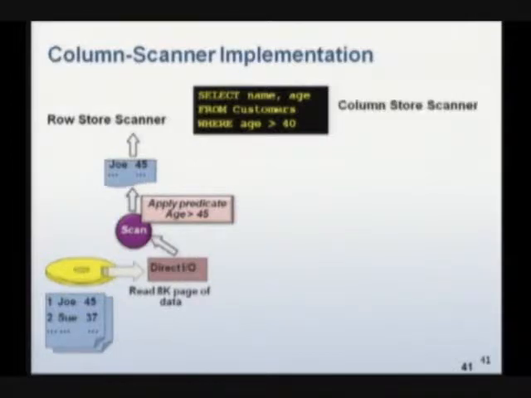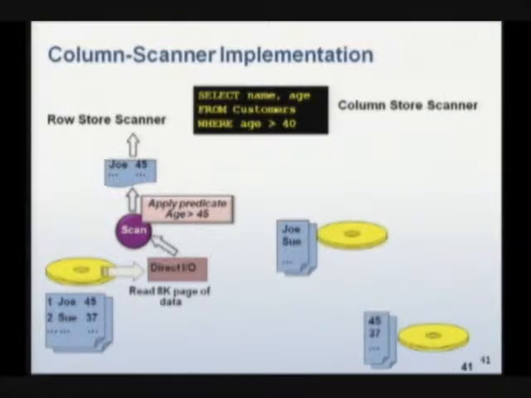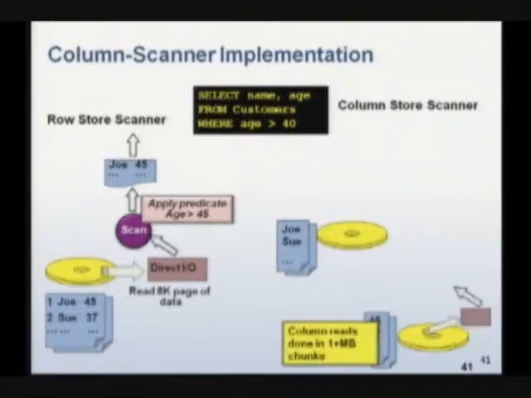Very simple to architect. Column store scanners, remember, we stored these columns, name and age, in 2 different files. So we start reading the age file, the values in the age file, and we read those in really big chunks because we want to avoid seeks. Remember, sequential IOs are fast, random IOs are not fast.